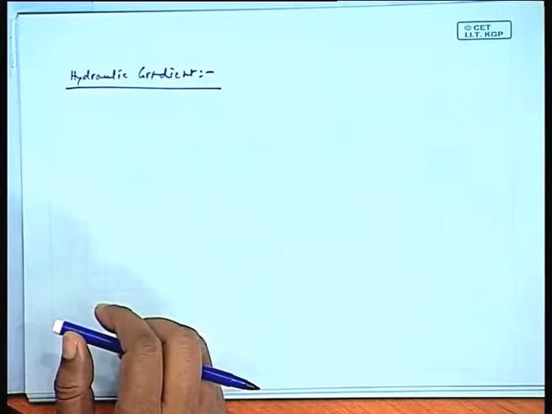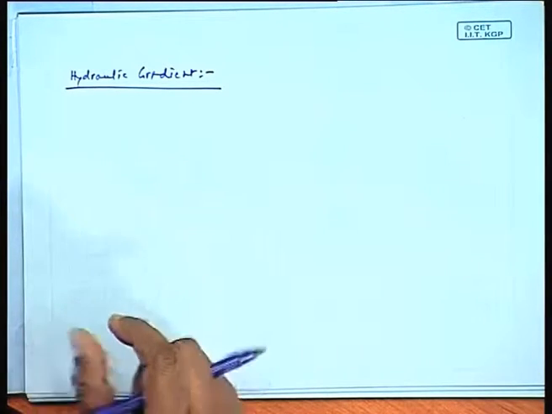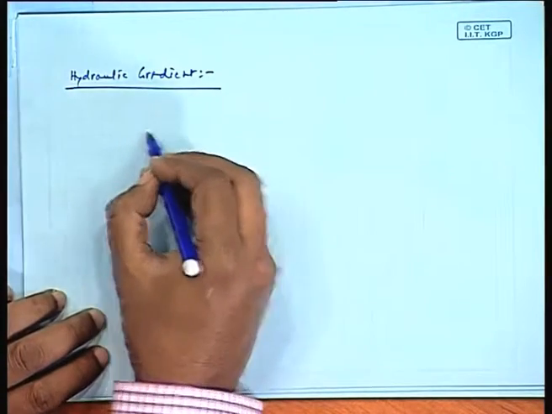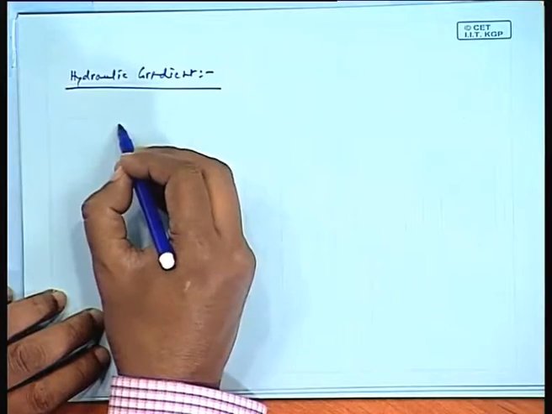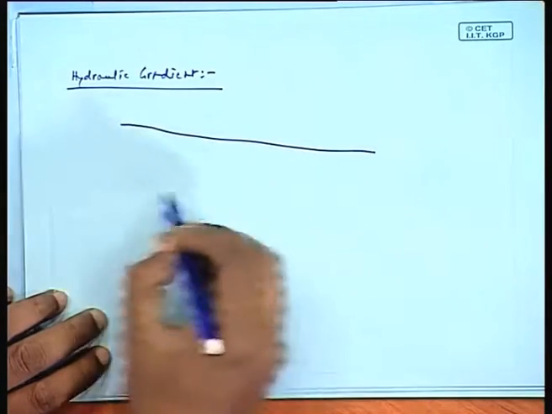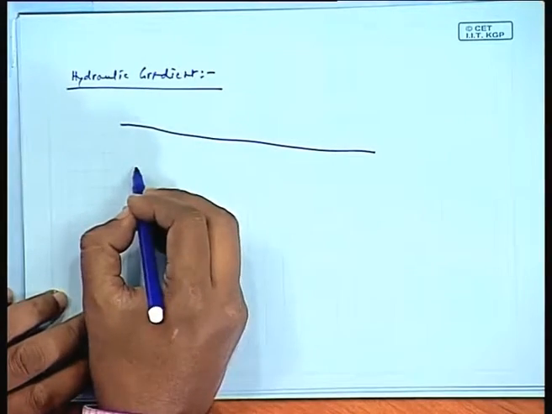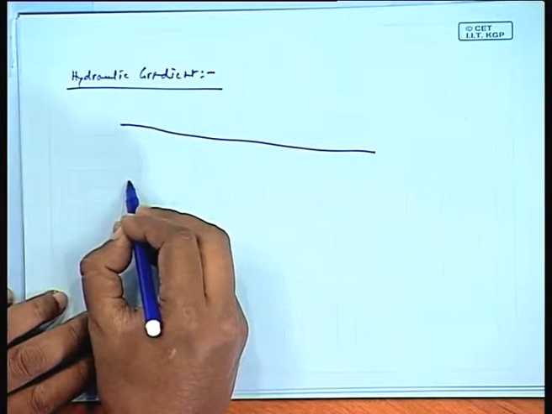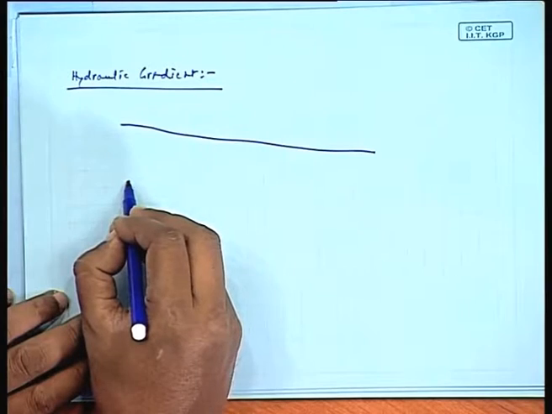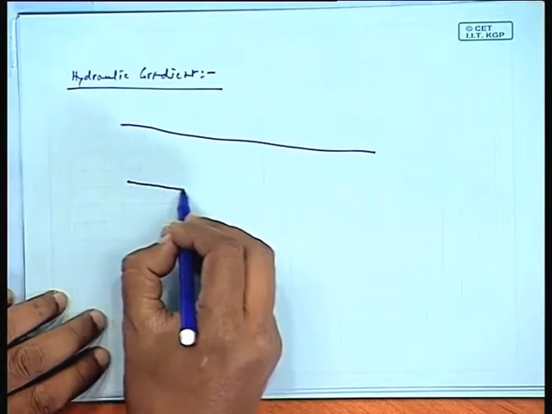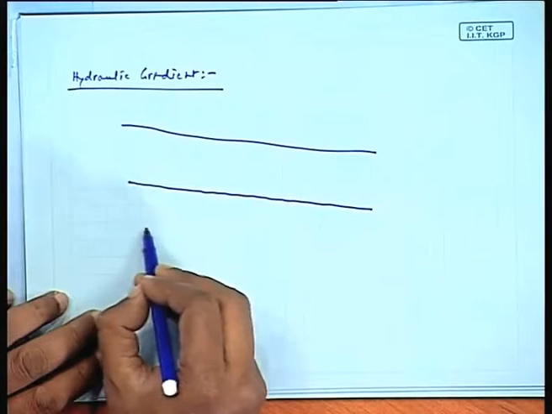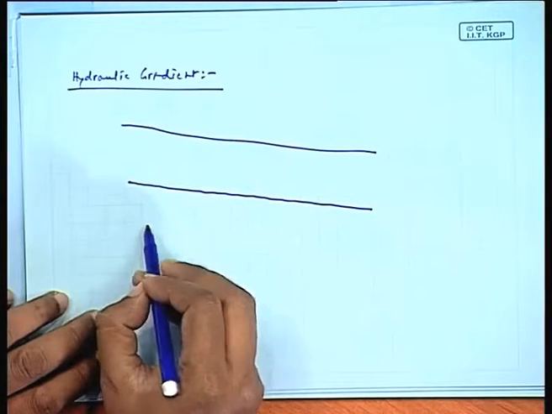The word hydraulic gradient is a very important aspect. If you draw a scheme like this, here it is groundwater, and you can see the groundwater flow taking place from one area to another.